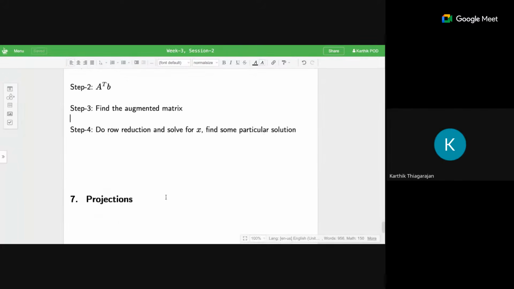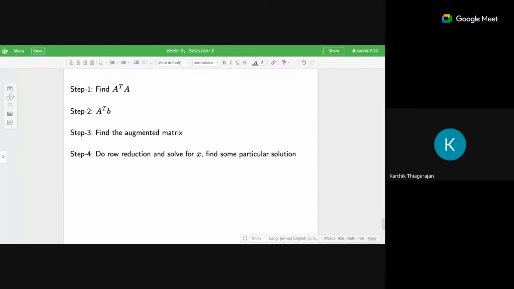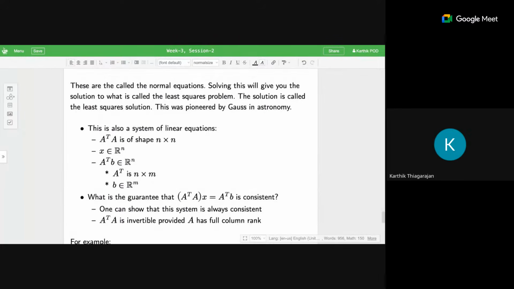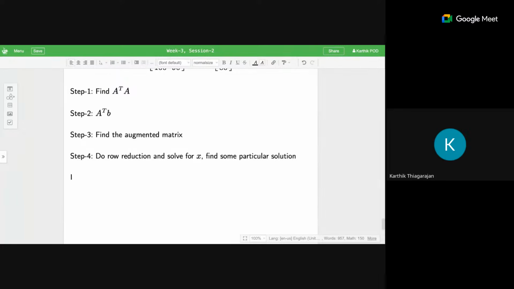Yeah, so now I'll just make the correction here. I used the inconsistent part to motivate the whole process of trying to do least squares, but then I'll just make a note. So, important remark.